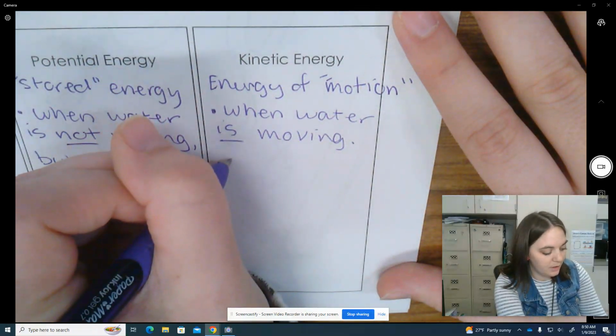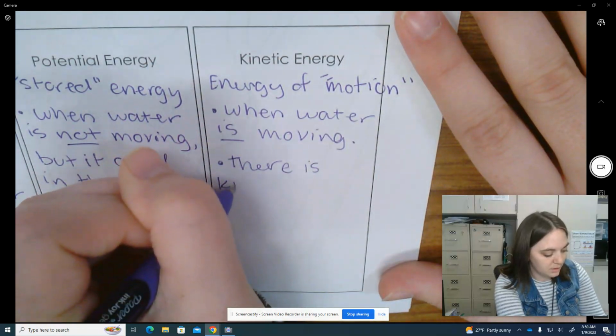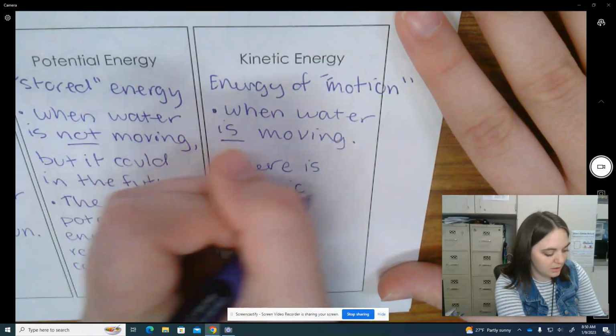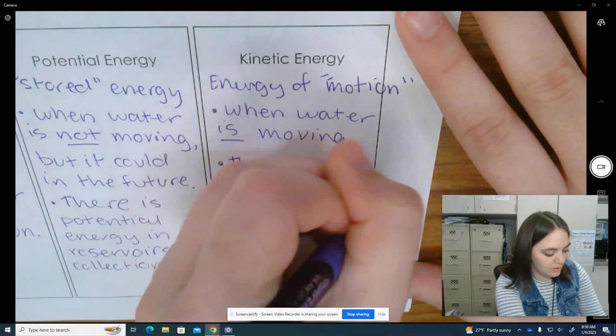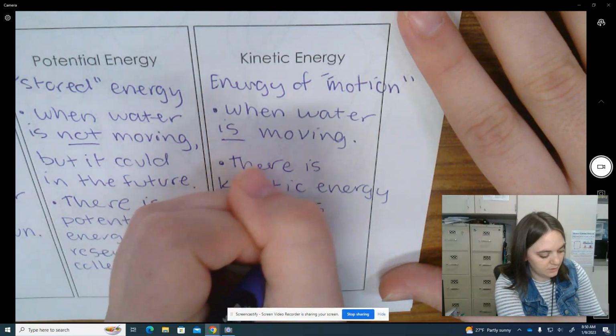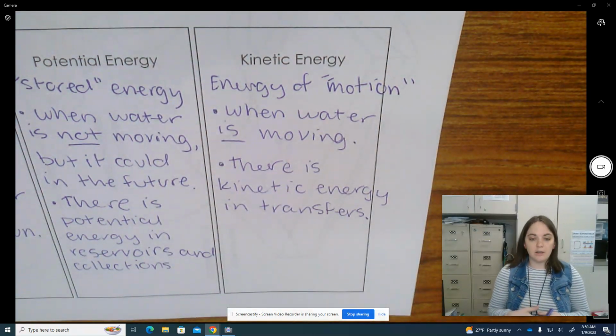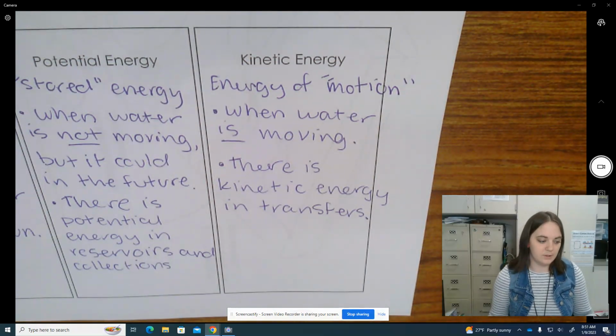Okay. And there is kinetic energy in transfers. Okay, there is kinetic energy in all transfers.